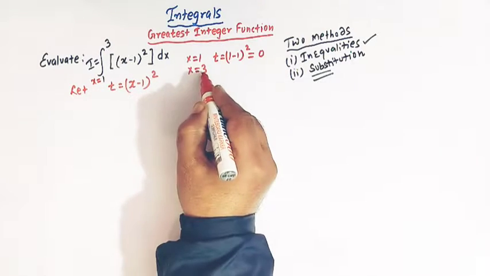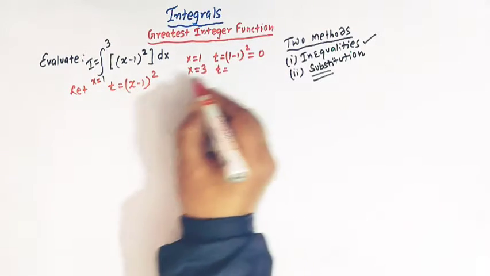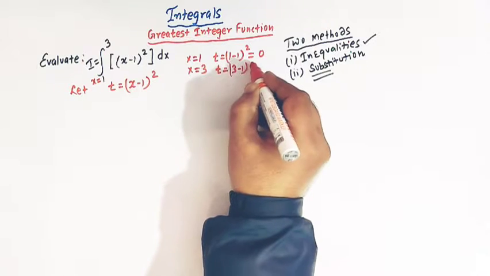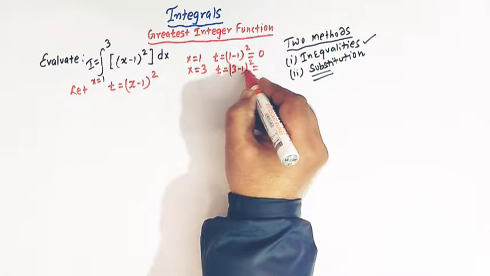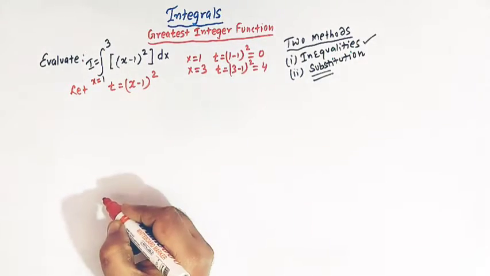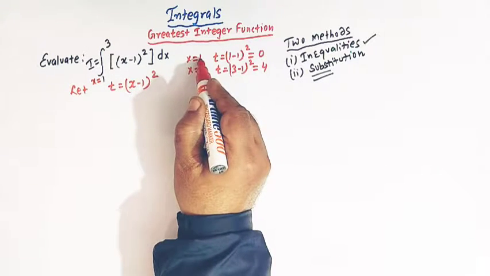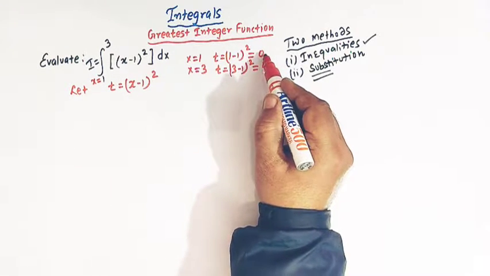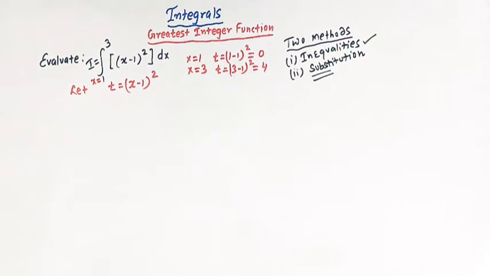And when x is 3, t is (3 minus 1) square, that is 2 square, which is 4. So when x varies from 1 to 3, t goes from 0 to 4.